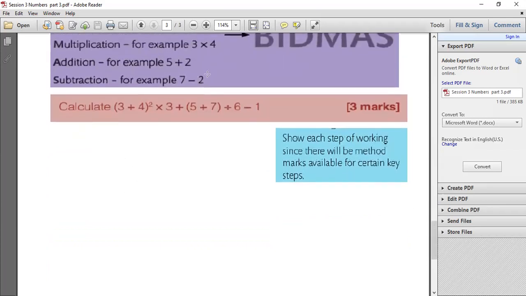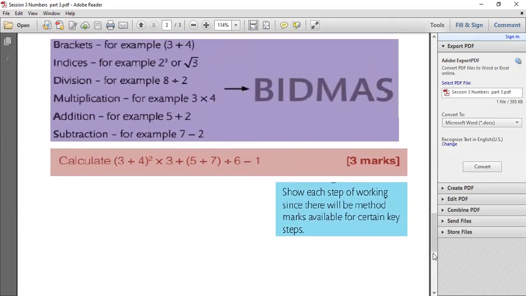Guys, we have order of operation. Order of operation is very important also, and it is PEMDAS. What is PEMDAS?